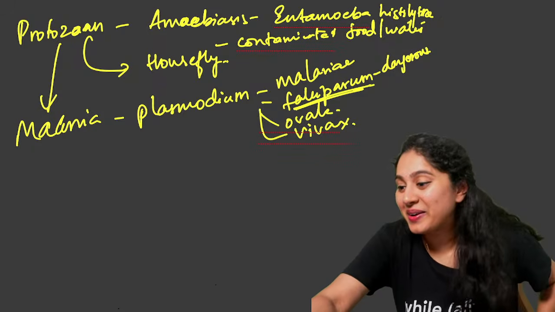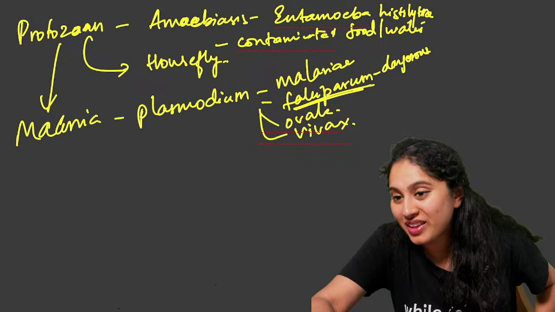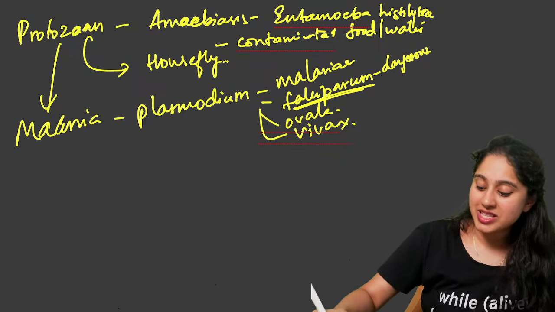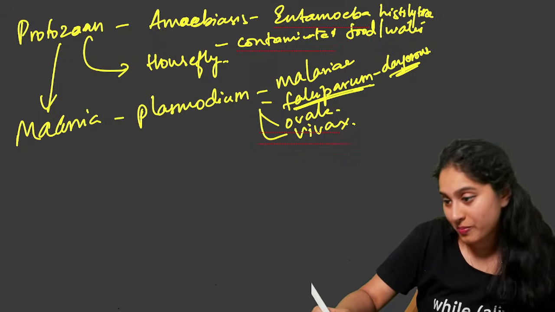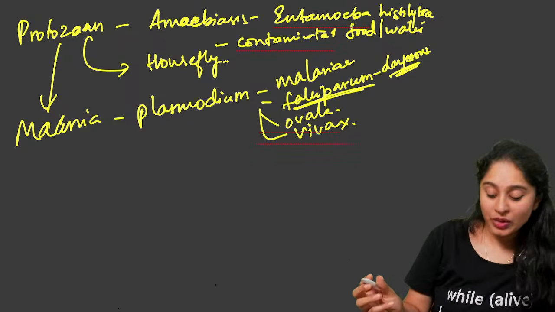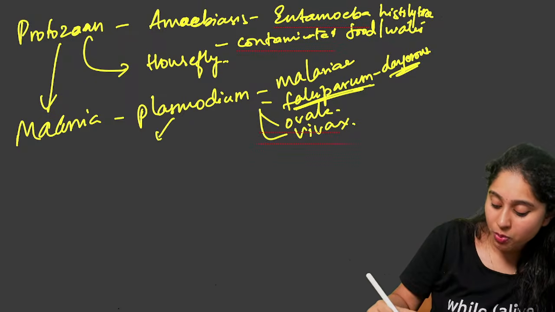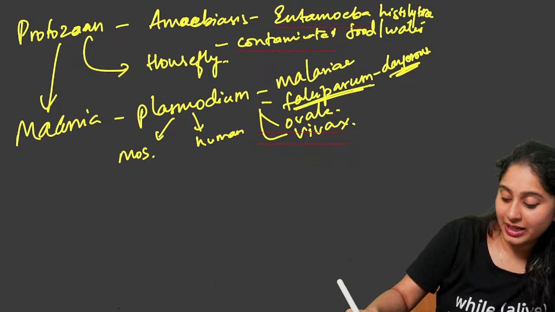Of these four, one is the most dangerous and sometimes can cause death also. Typically, this Plasmodium requires both mosquito and human hosts to complete its life cycle.